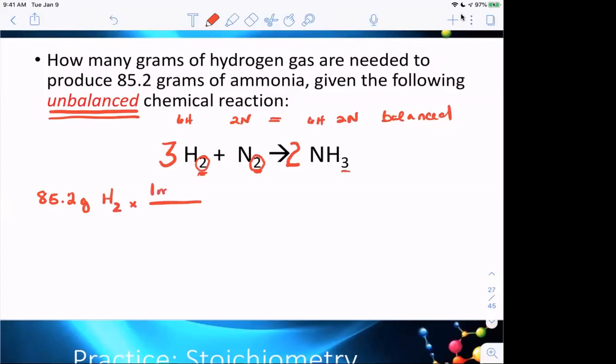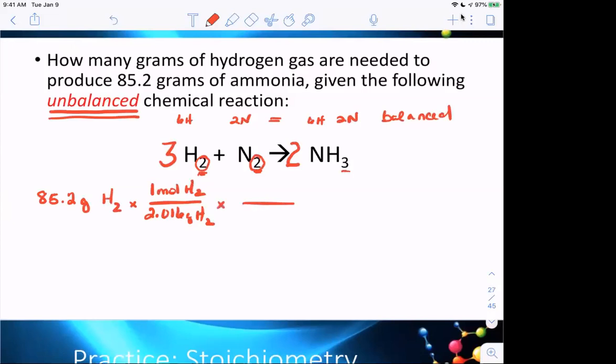So for every 1 mole of H2, I have 2 times 1.008. So that gives me 2.016 grams of H2.